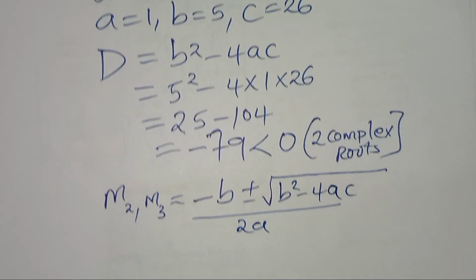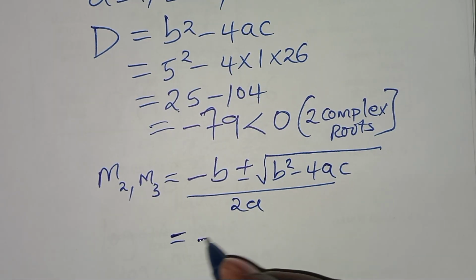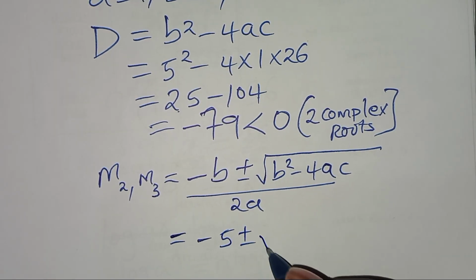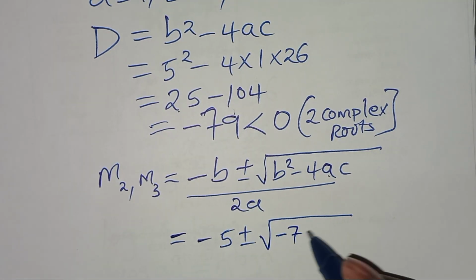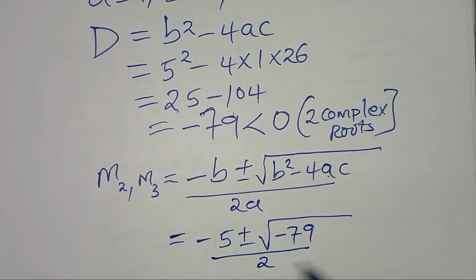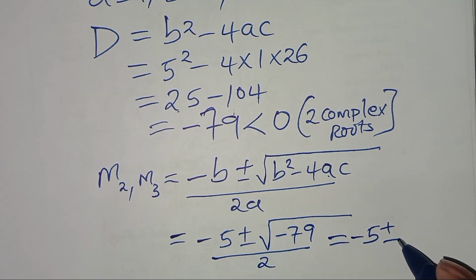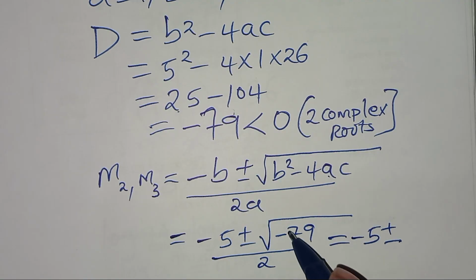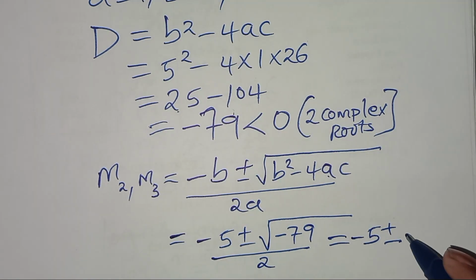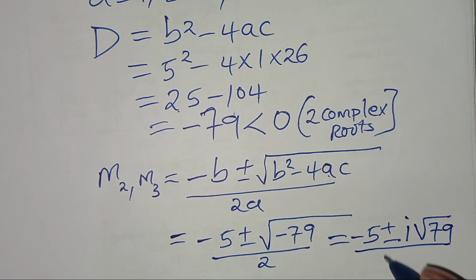Now substituting the value of a, b, and c, we'll have negative 5 plus or minus the square root of b squared minus 4ac, which is negative 79, divided by 2, which you can express as negative 5 plus or minus the square root of 79 times the square root of negative 1, this is i. So we'll have i square root of 79 divided by 2.